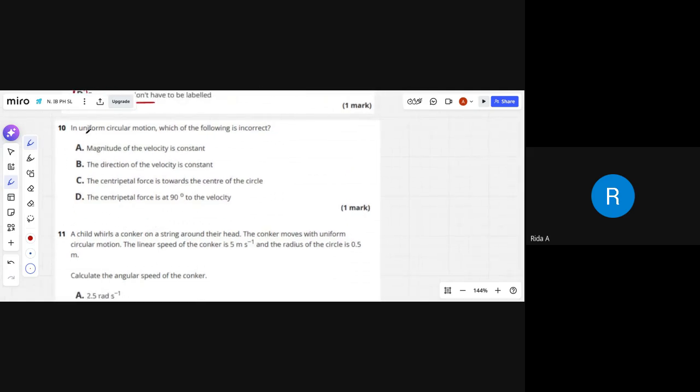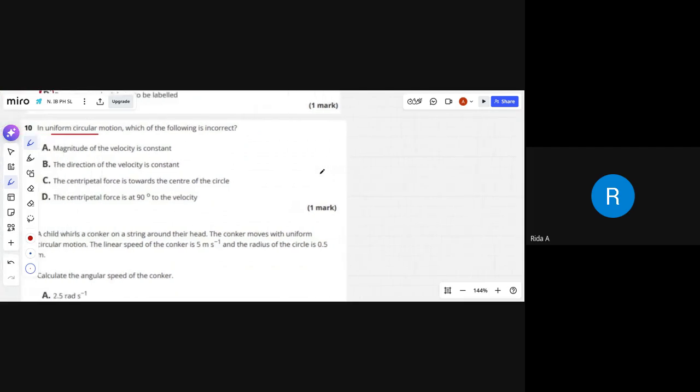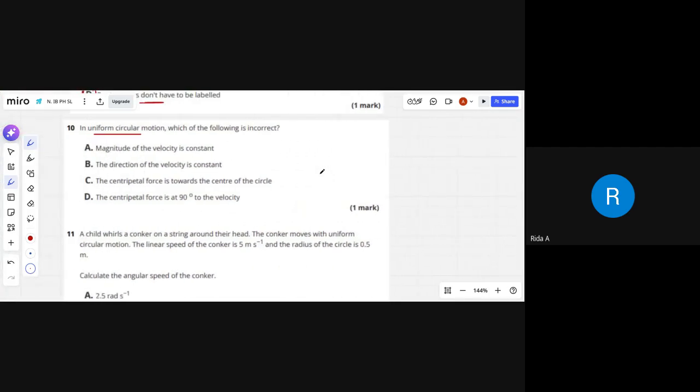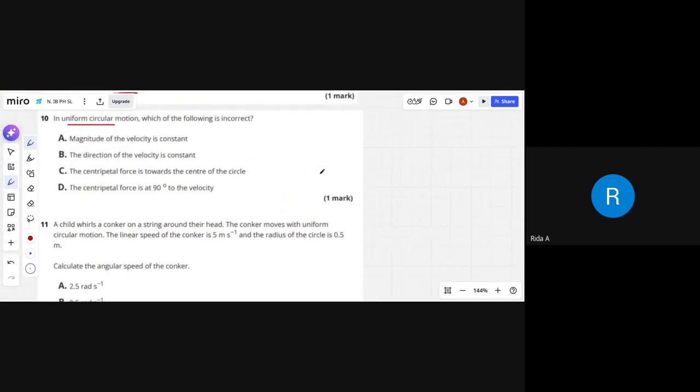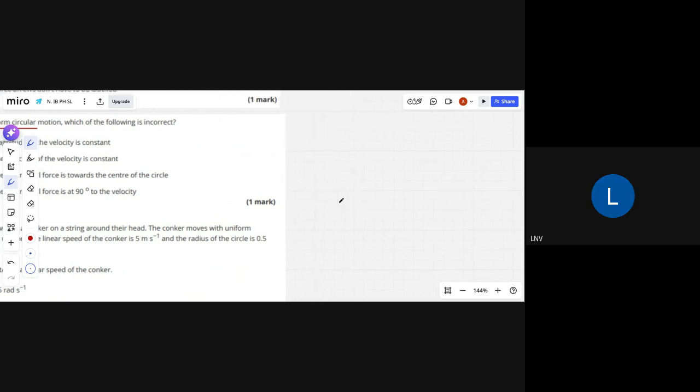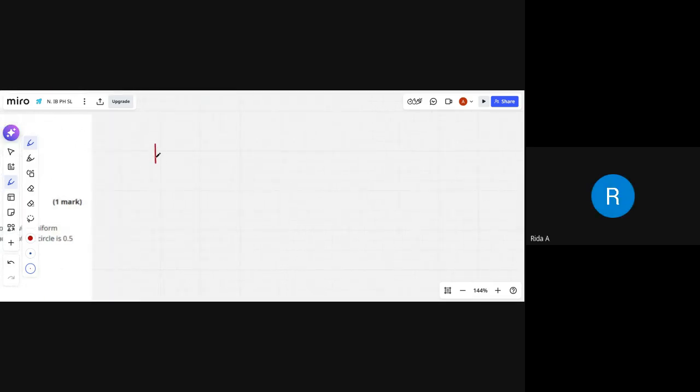So let's do a quick review of uniform circular motion or circular motion. I think we did this in IGCSE as well. So if you recall something, you're very welcome to contribute. Okay. So if you have an object, let's say you have a trolley and it's moving in this direction with velocity v.